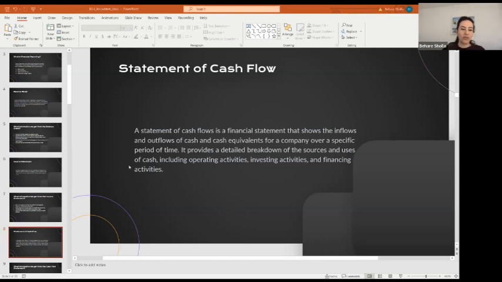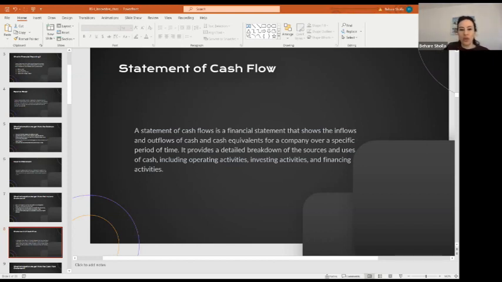Okay, so I will continue with the statement of cash flow, which is a financial statement that shows the inflows and the outflows of cash or cash equivalents. Cash equivalents are basically something very similar to cash, or that can be converted to cash very easily.